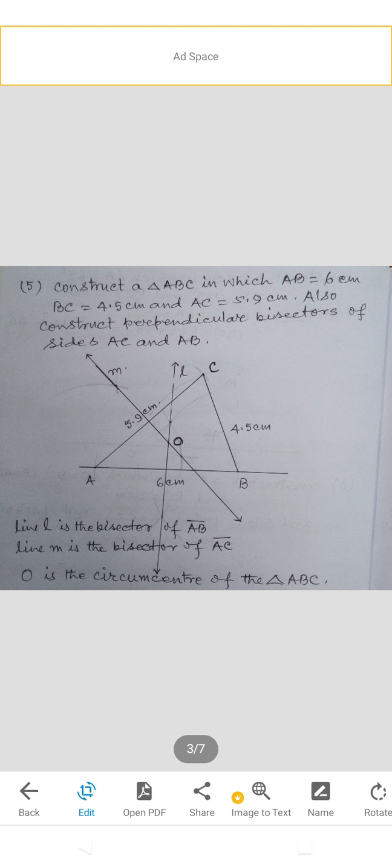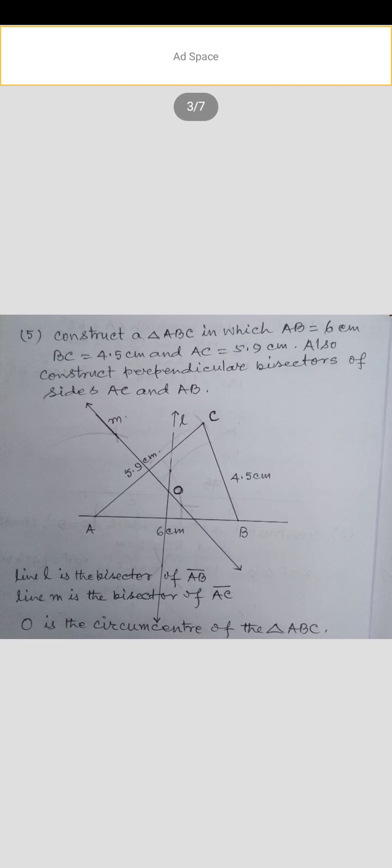These two perpendicular bisectors intersect each other at O. O is the circumcenter of triangle ABC. If you draw a circle with O as a center and OA as a radius, this circle passes through vertex C and B. So O is the circumcenter of triangle ABC.